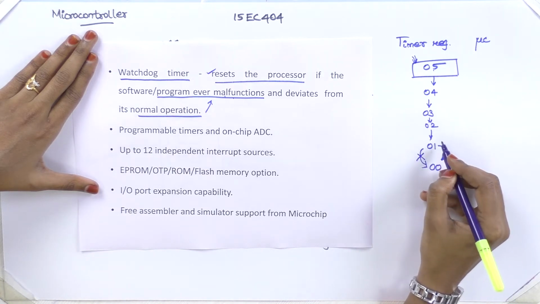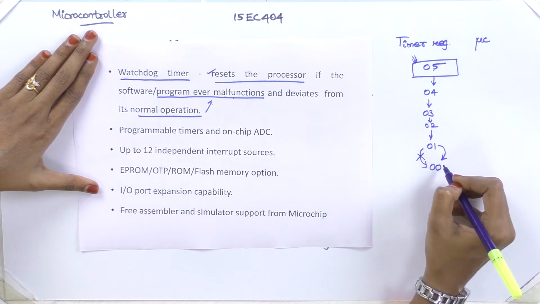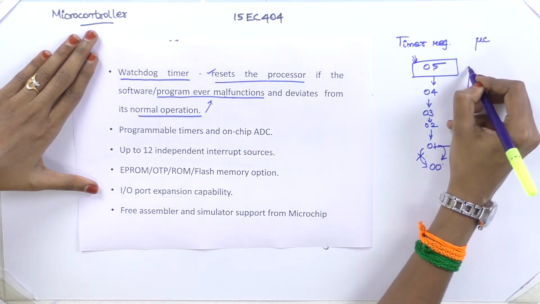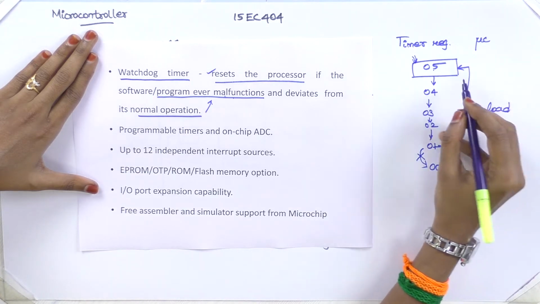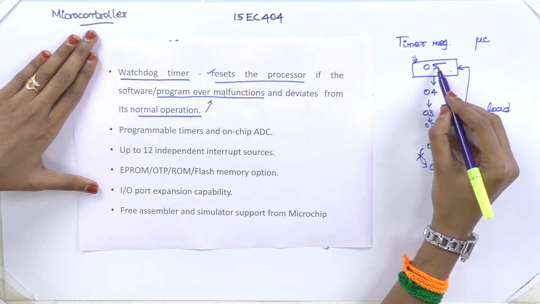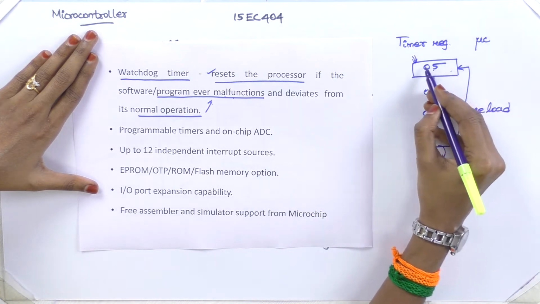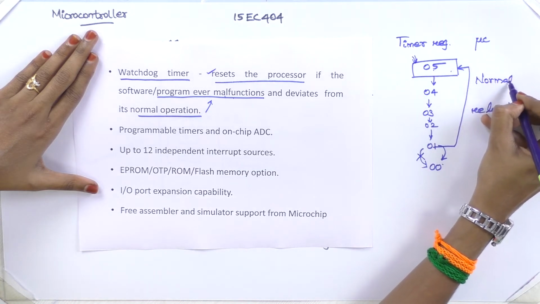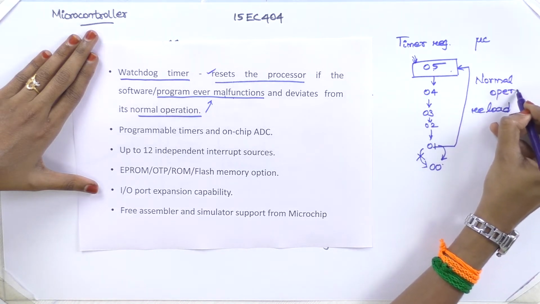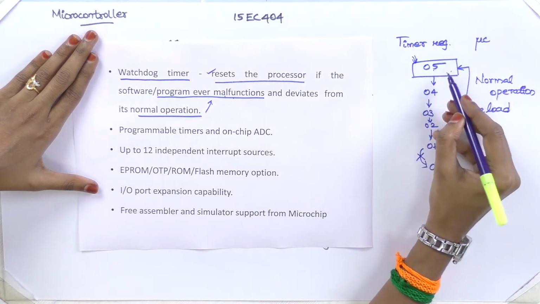Once it has to decrement from 1 to 0, it will reload the value with 5. So again this will decrement from 5 to 1. This is how it happens at the time of normal operation. Your controller is supposed to auto reload this timer value with the initialized value.